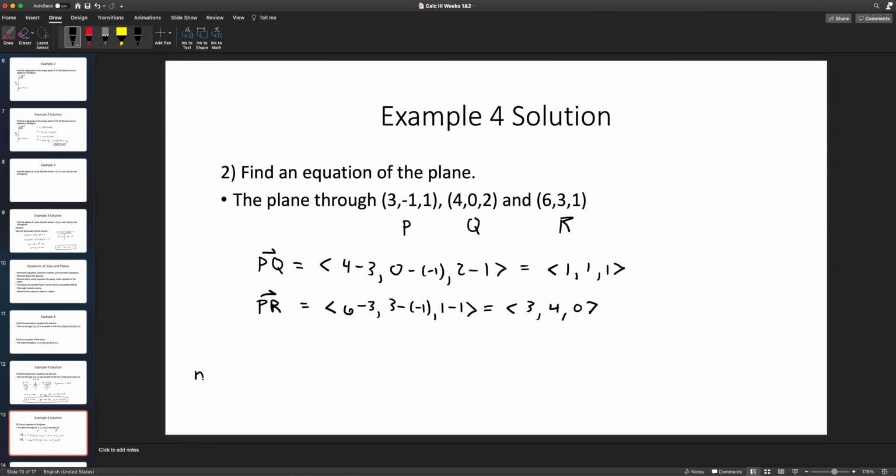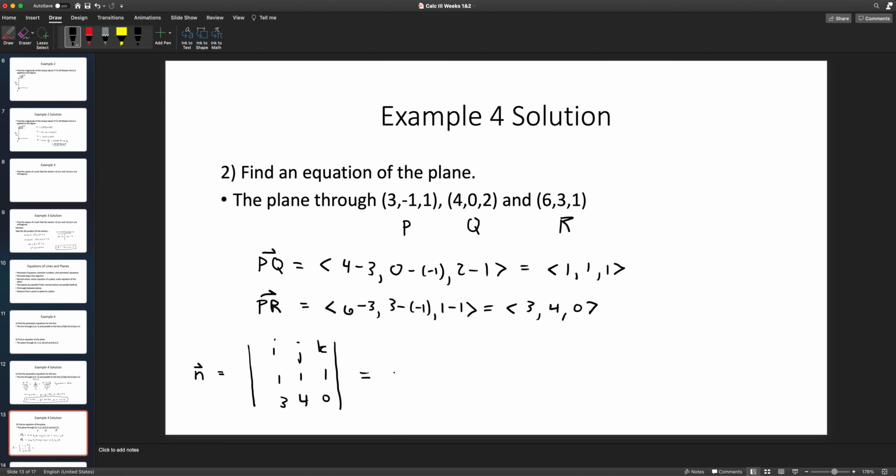We'll just call this n, and we set up our determinant using the component vectors as the row vectors.